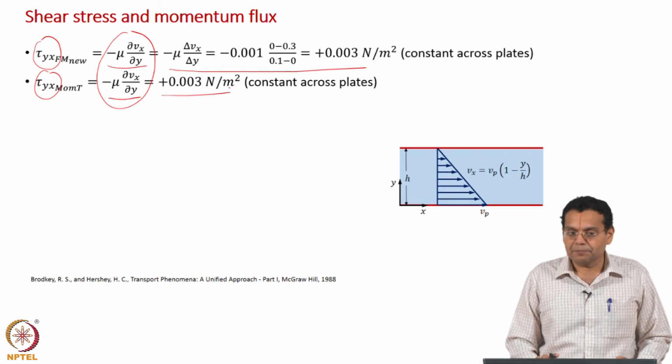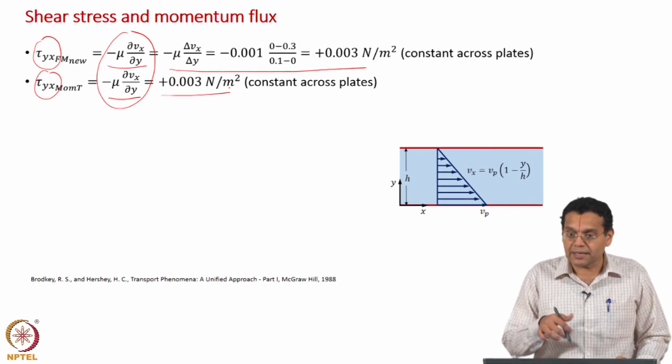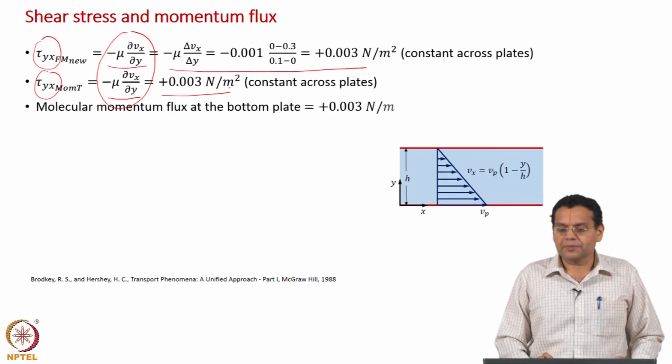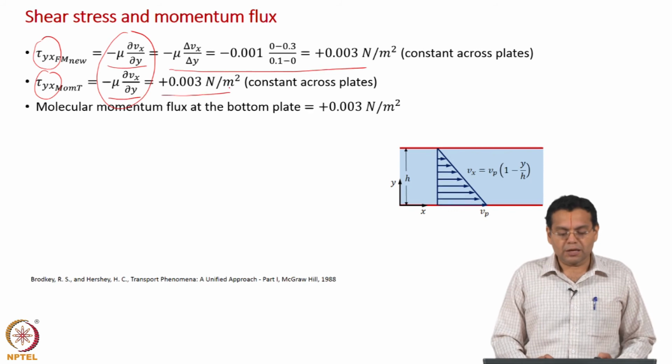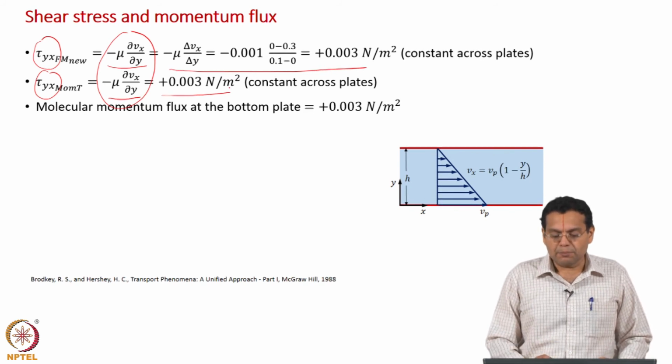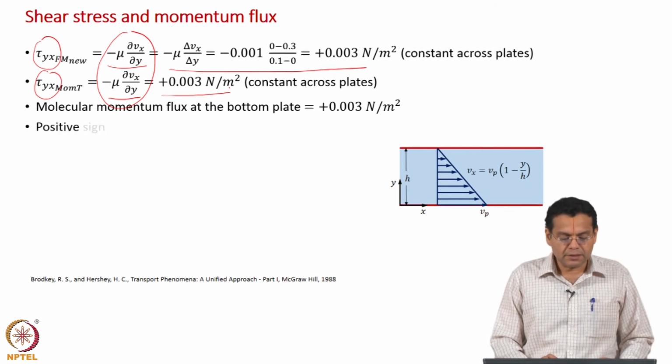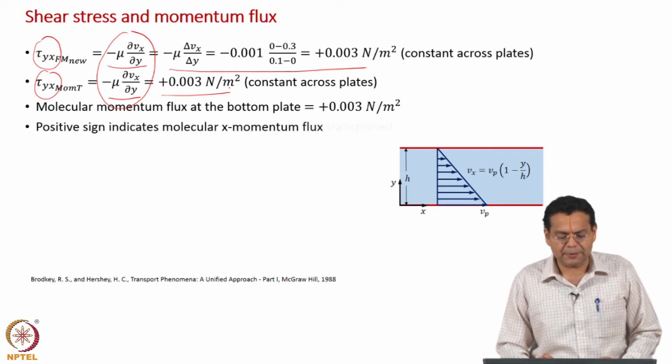Numerically they are the same. How are we going to interpret this? That is different. It is a positive value. What does it mean? Molecular momentum flux at the bottom plate is equal to plus 0.003. What is the correct interpretation?